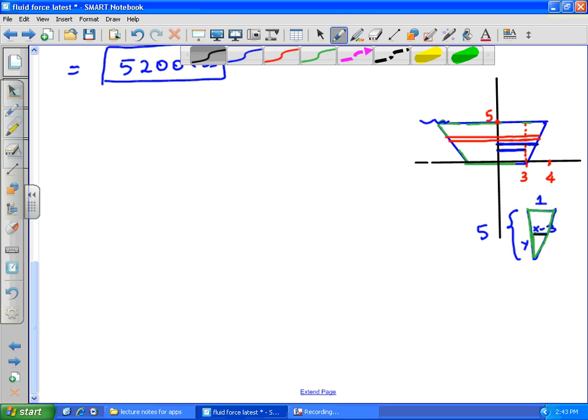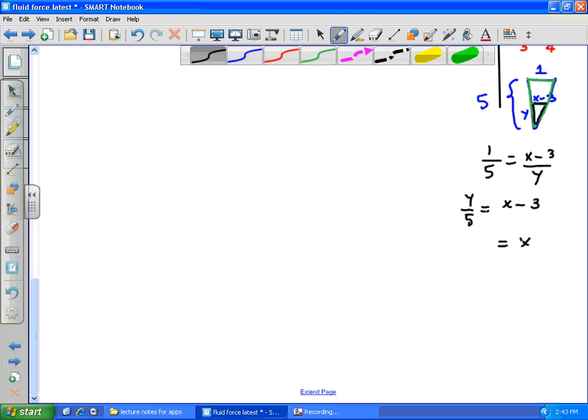So on the outside, the ratio of 1 to 5, which is the ratio of base to height, on the inside that will be equivalent to the ratio of x minus 3 to y. Now I need x in terms of y, so I'm going to solve here. So I'm going to have y over 5 is equal to x minus 3. Therefore, x is equal to y over 5 plus 3.